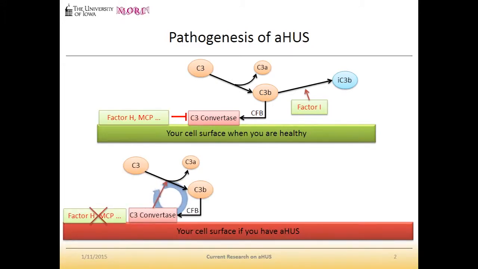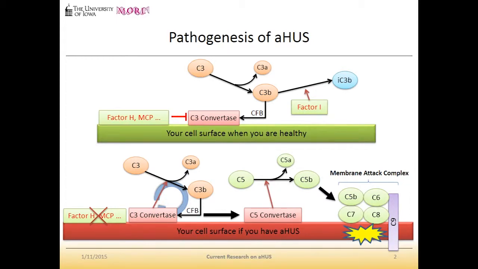However, in aHUS patients, because of genetic or acquired defects in those complement regulators, the C3 convertase starts working, cuts more C3 to C3b, and generates more C3 convertase, forming the amplification loop. In turn, it generates the C5 convertase, which cuts C5, activates it, and generates what is called the membrane attack complex, which then destroys the cell.